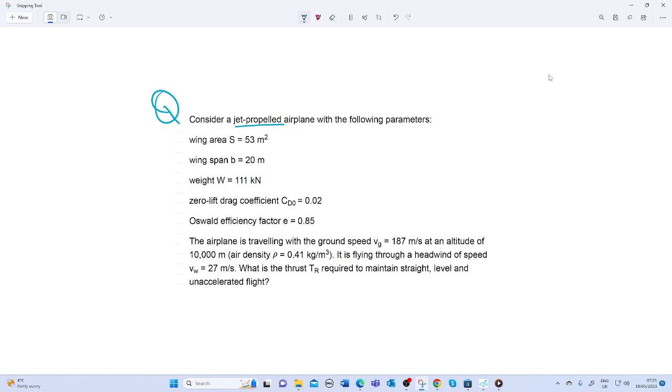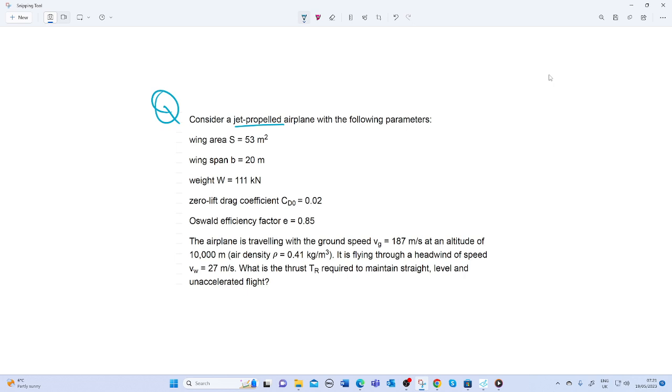The aircraft is traveling with a ground speed VG which equals 187 meters per second at an altitude of 10,000 meters with a density rho which equals 0.41 kilogram per meter cubed. Now, the aircraft is flying in a headwind of speed VW, which is 27 meters per second. Now, calculate the thrust TR required to maintain straight, level and unaccelerated flight.